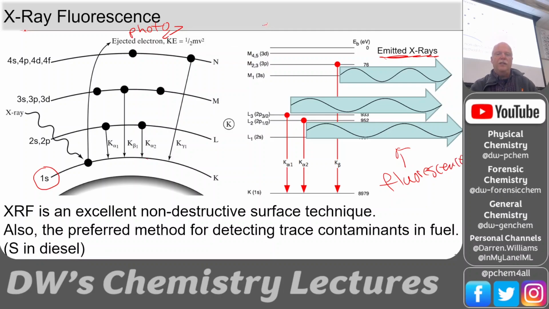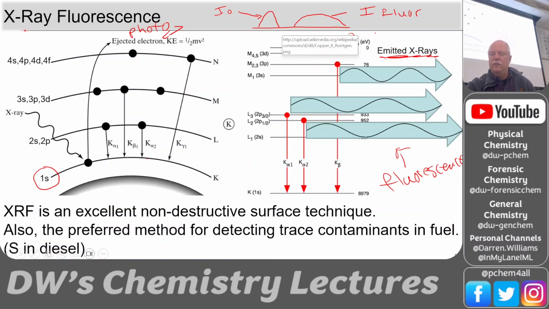Just like we have fluorescence in the visible region, if we did increasing wavelength, we would have the incident light, I0, and then the fluorescence, I fluorescence, emitted. And it's red shifted, right?